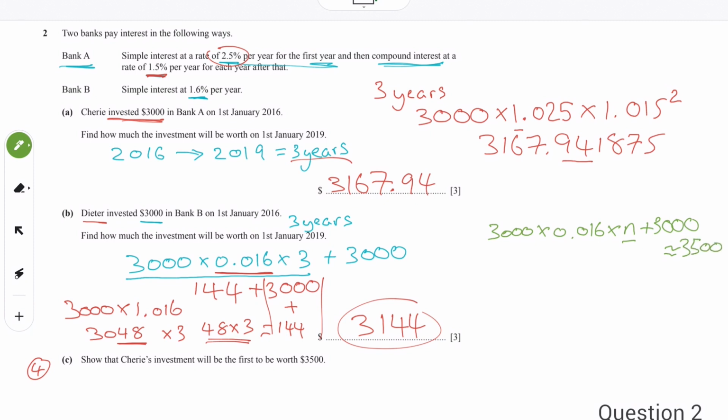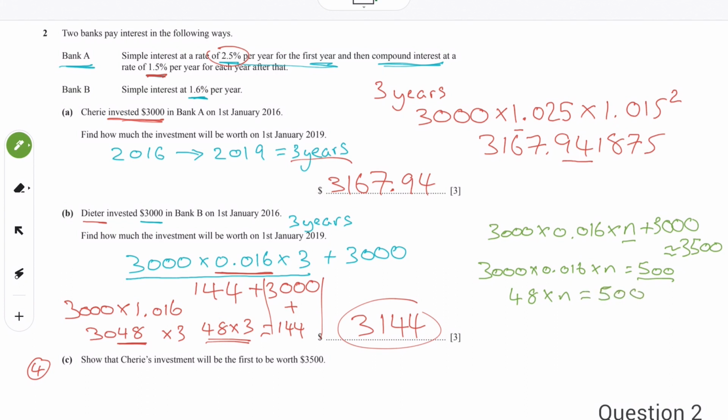If I go 3,000 times 0.016 times n, I should get the 500. Times both those together, as before, we should get a number of 48. Times by n, we're looking at 500.